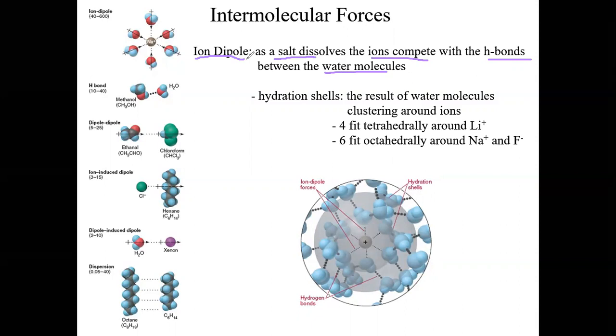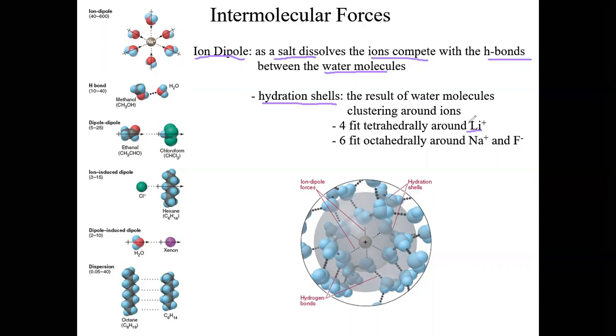And as discussed in earlier lectures, ion-dipole is a pretty strong interaction, therefore causing you to take more energy to get to the boiling point of water, for example. And the water molecules, the way they arrange around the ions is in hydration shells. Usually the cation coordinates to the oxygen, which is the negative in the water, and the anions coordinate with the hydrogen part, which is the positive in the water.